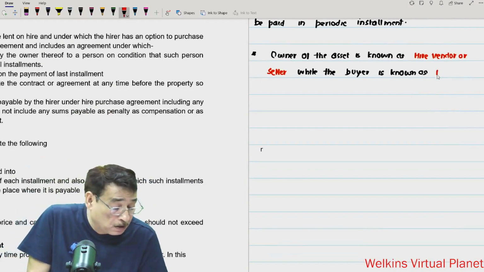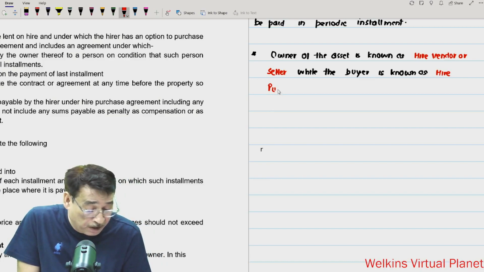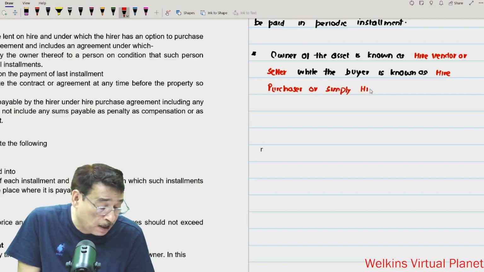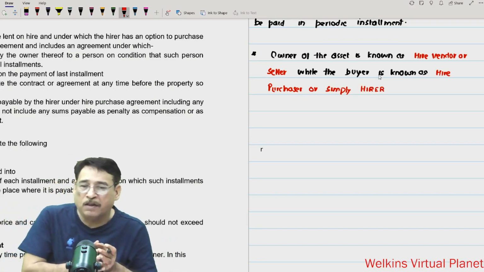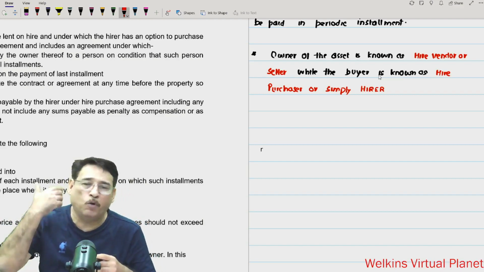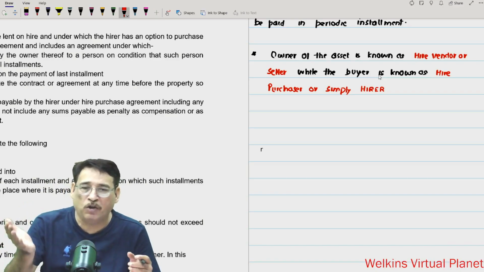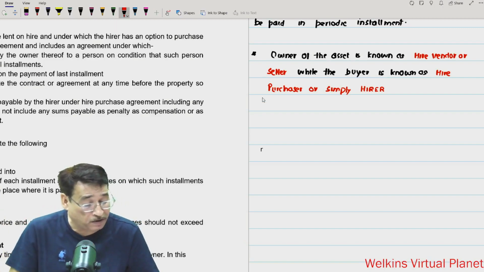The buyer is known as hire purchaser, or simply hirer. Because when I am paying you some amount at the initial stages and taking your asset, until I make the final payment, I am simply hiring the asset from you. That is why the purchaser is known as hirer. Is it clear to you or not?